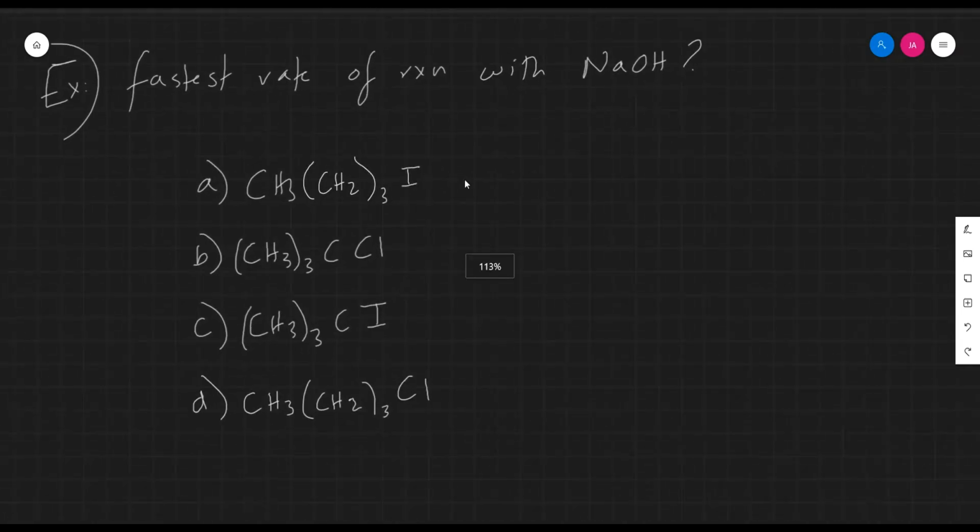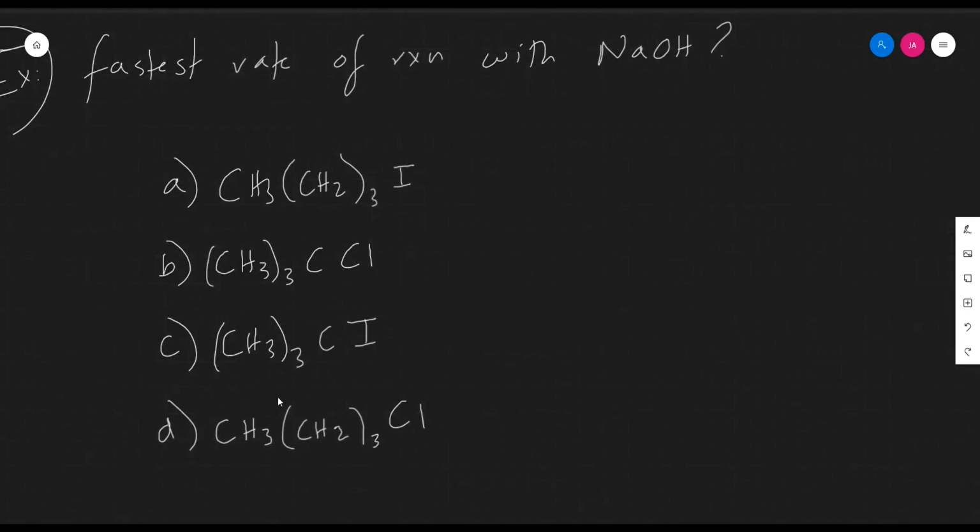Thus they would ask, which of the following molecules would exhibit the fastest rate of reaction with sodium hydroxide, with the hydroxide ion being the nucleophile that will attack the halogenoalkane. I would start by eliminating in terms of the identity of the halogen.